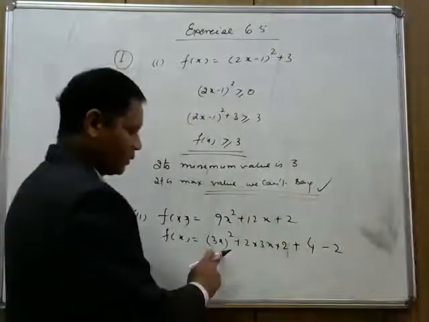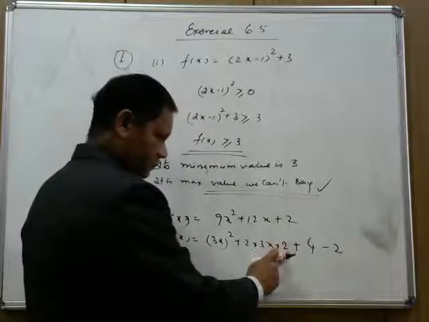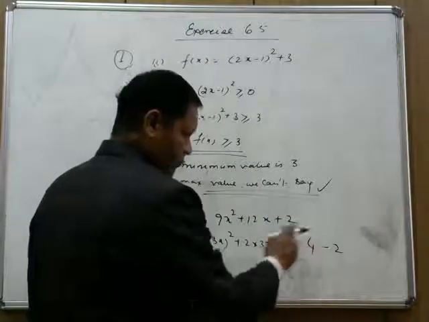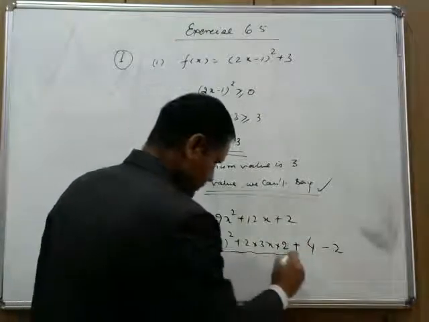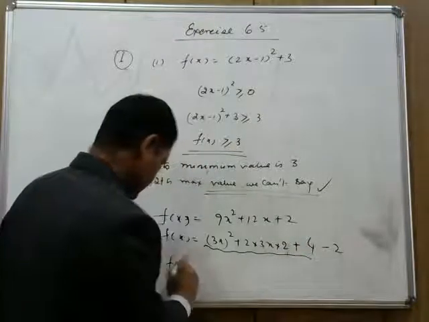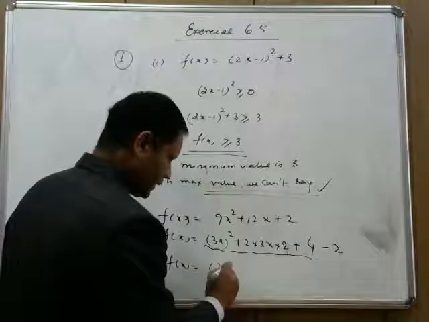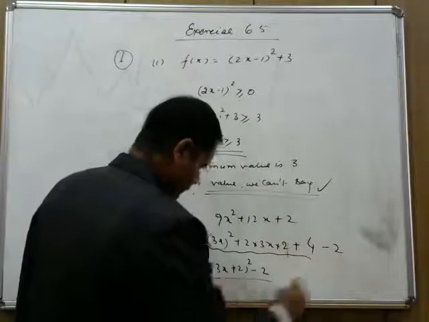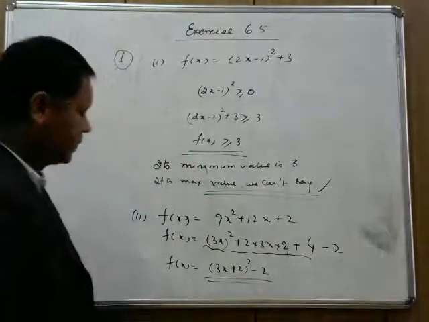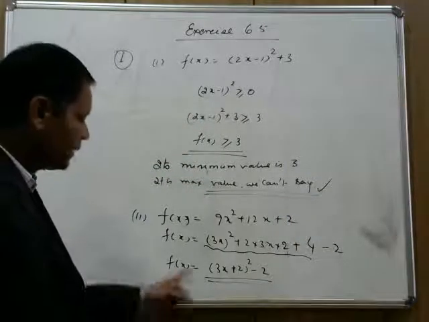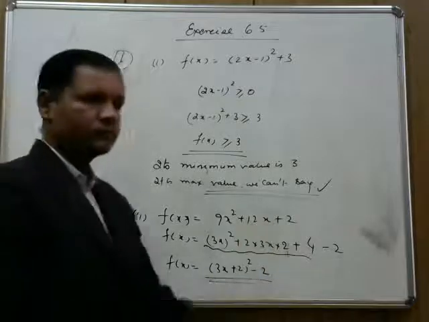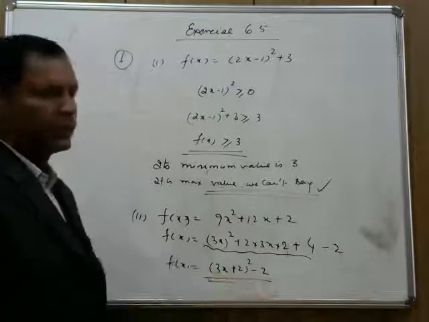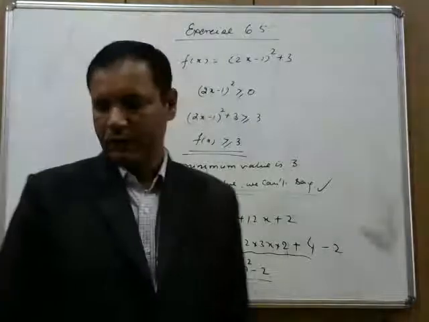So now (3x) whole square plus 2 into 3x into 2, 2 3s are 6, 2 are 12x, plus 4 minus 2 will give 2. This becomes f of x is equal to (3x plus 2) whole square minus 2. Now we can say simply its minimum value is minus 2, and the maximum value we cannot say. In this way we can do the question.